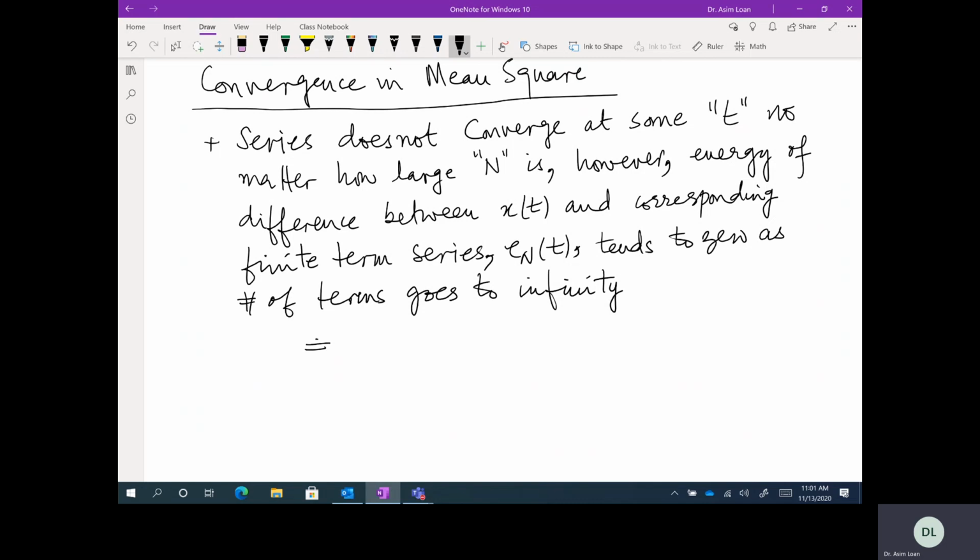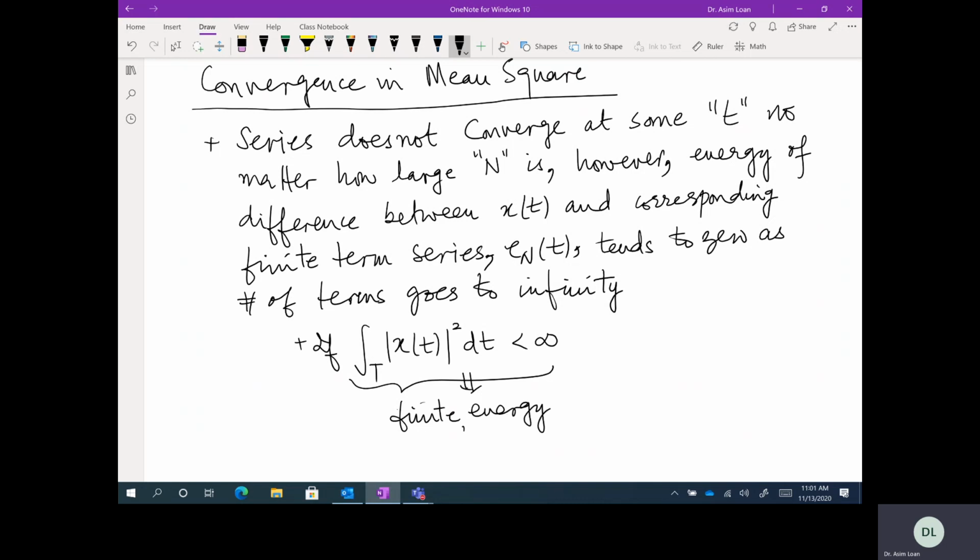So if x of t is a finite energy signal, this will imply convergence in mean square.